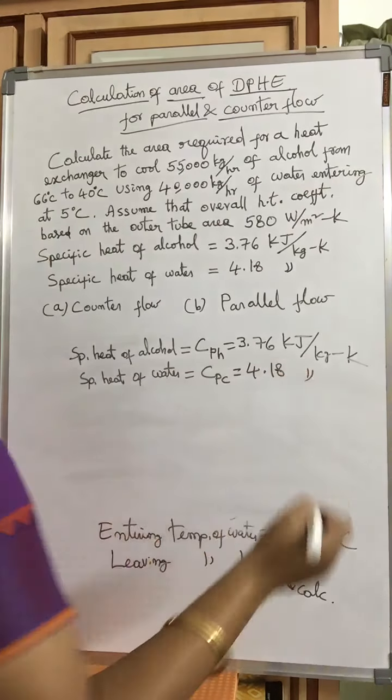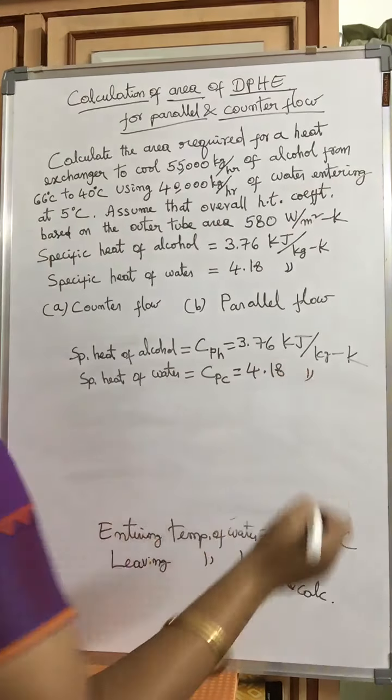What else information is given? Overall heat transfer coefficient is given, based on the outer tube area, that is denoted by U naught.